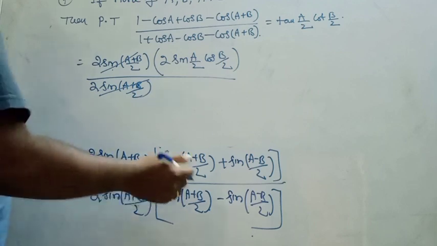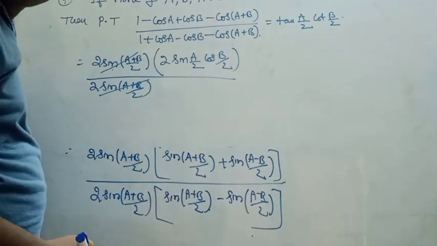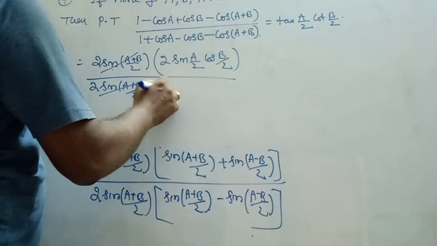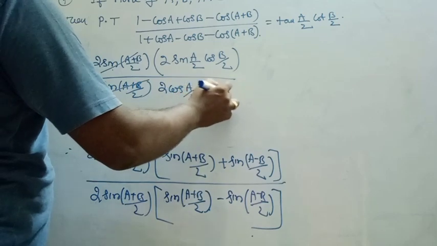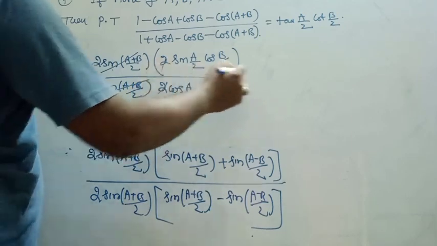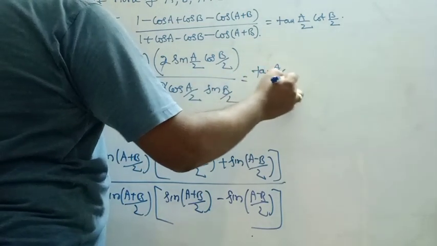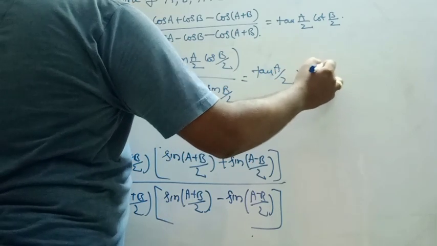However, sin A plus B by 2 minus sin A minus B by 2, that is nothing but 2 cos A by 2 sin B by 2, like this, right? Here 2 will cancel. Sin A by 2 by cos A by 2 becomes tan A by 2. Cos B by 2 by sin B by 2 becomes cot B by 2, like this.